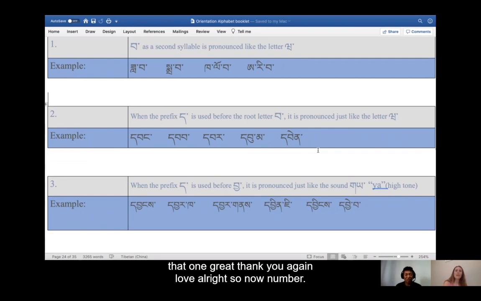Now number 2 and number 3 are really, really interesting, and we need to pay a lot of attention because when the prefix of a word is the prefix ta, here we go. When the prefix ta precedes the root letter that we just read, pa, which in this case might be transformed as wa as well, then it sounds just like the wa that we have just read for you before.